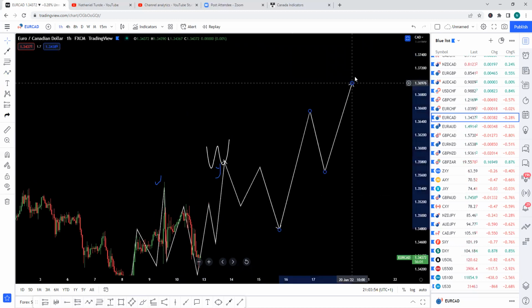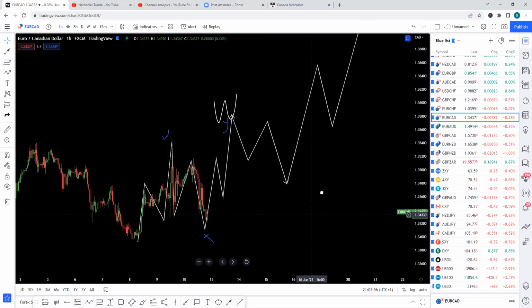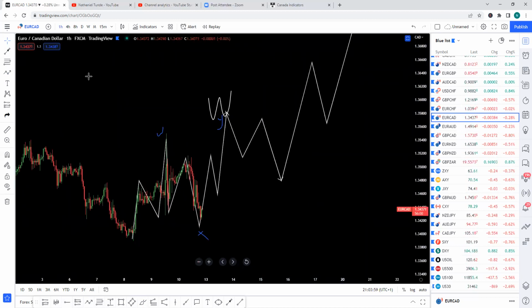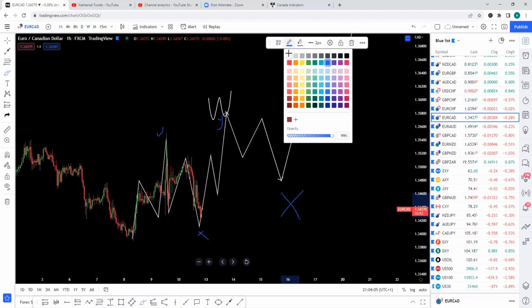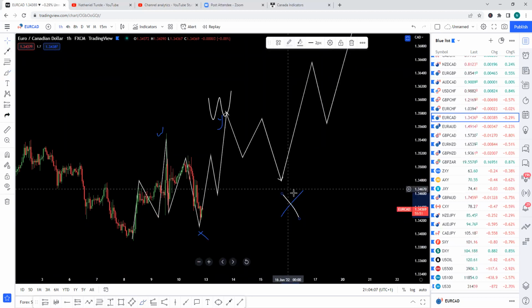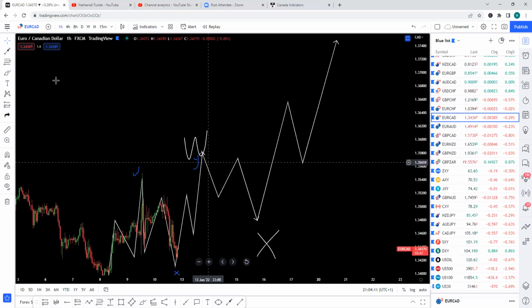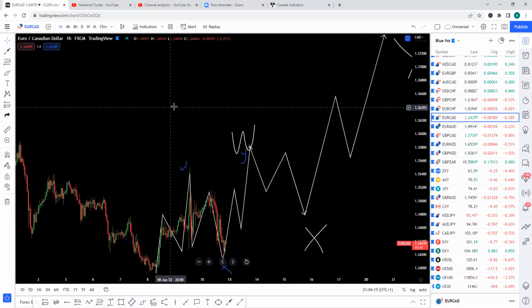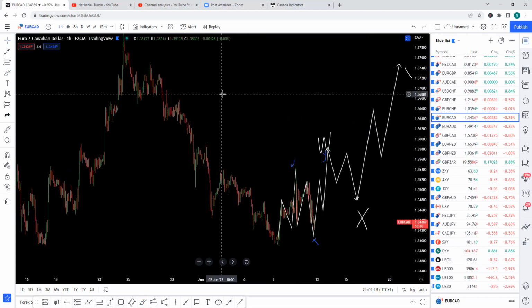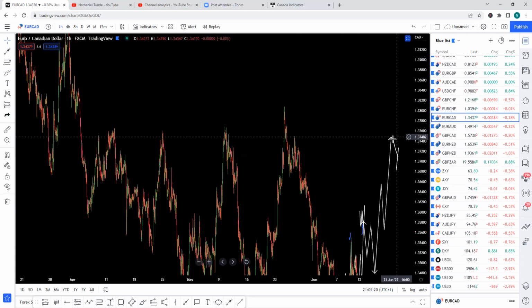I see. So this movement to the upside will be W, and X. Let's change the color to white. X and Y. Now, by the time this Y gets to this level, it will probably have to break it up.